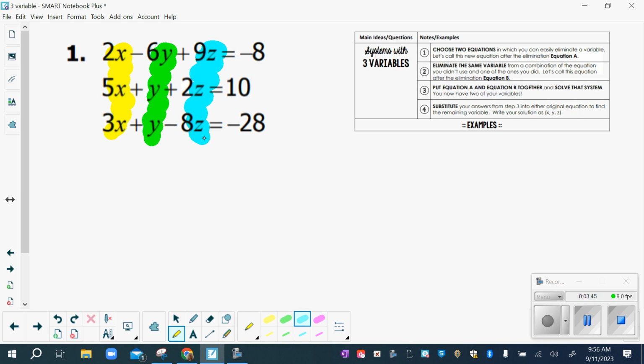If I want to get rid of the X's, I'm going to have to be turning 2 into 5 and 5 into 2. That's not that bad. And I'm going to have to be turning like 2 into 3 and 3 into 2. That's not so bad. If I get rid of the Z's, I got to turn 2 into 8. That's not too bad. Ugh, but turning 2 into 9, that's going to be a pain in the butt.